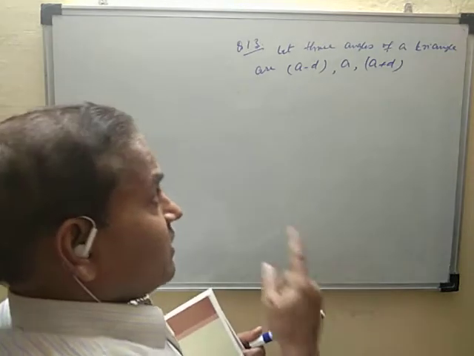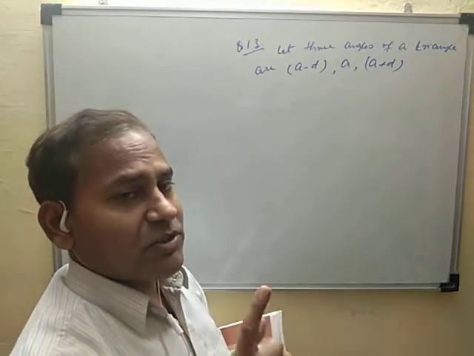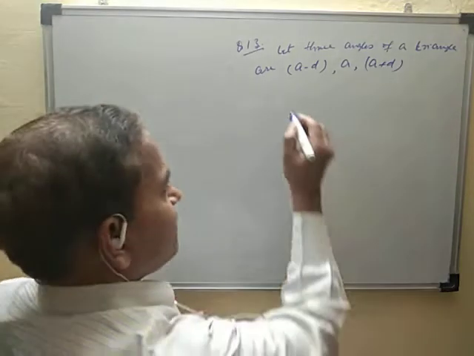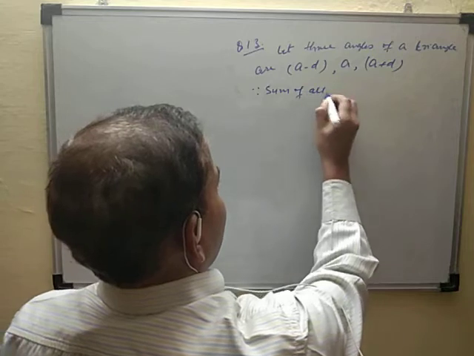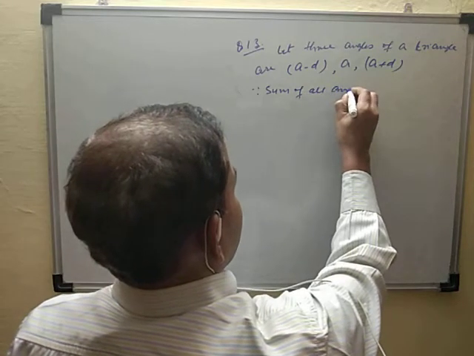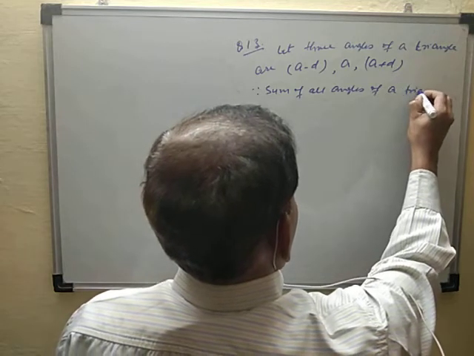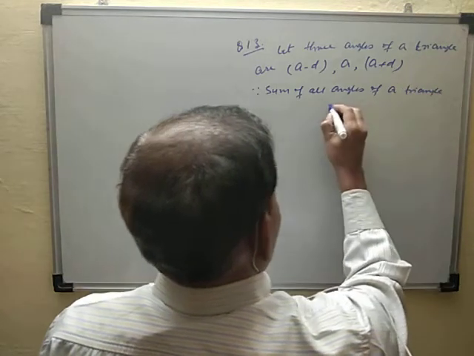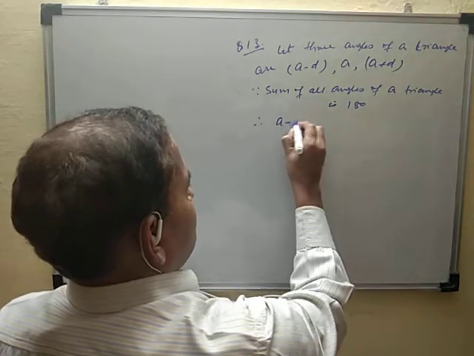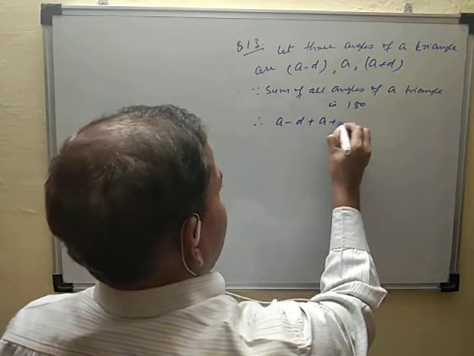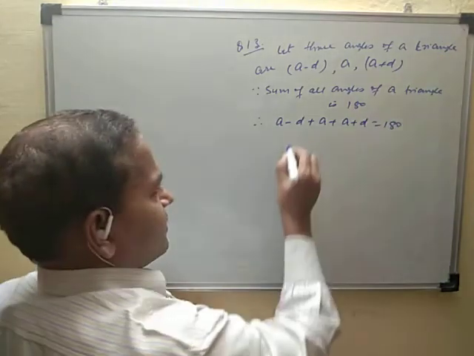So these are the angles of a triangle, and we know that the sum of all angles of a triangle is equal to 180 degrees. Since the sum of all angles of a triangle is 180 degrees, therefore A minus D plus A plus A plus D is equal to 180.